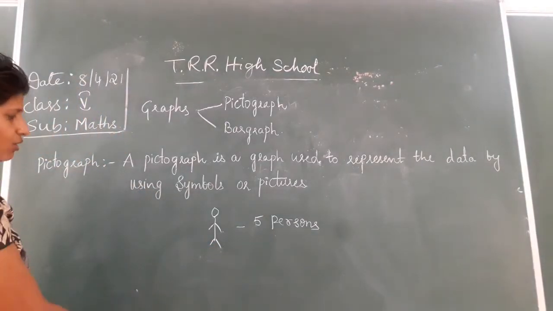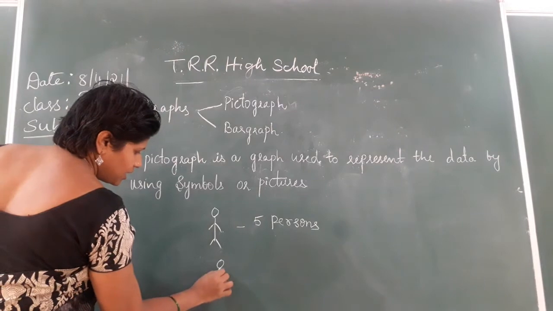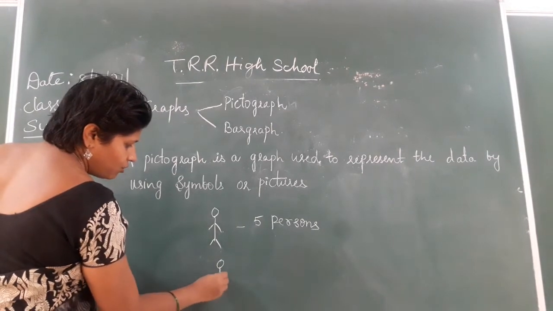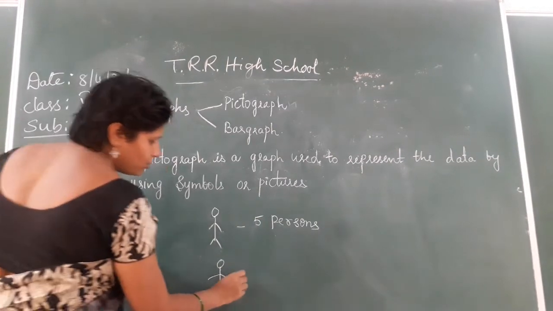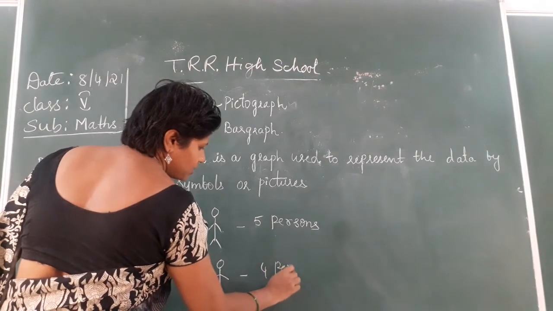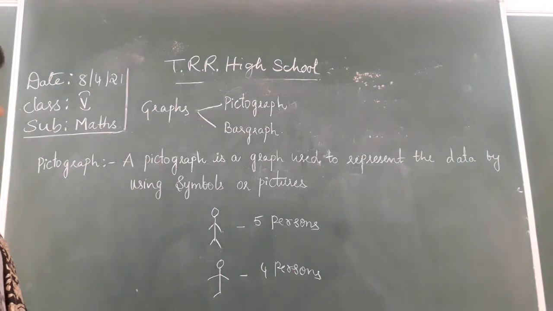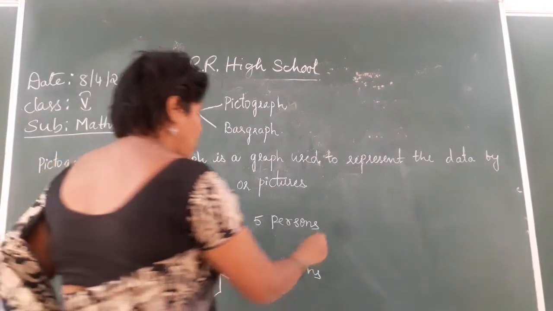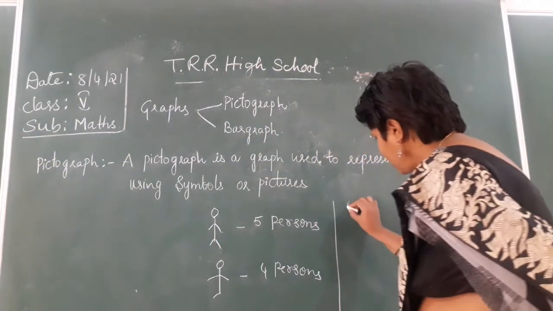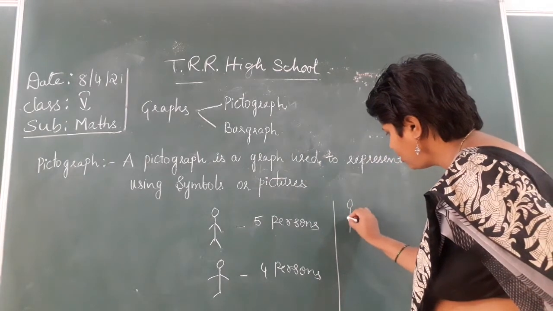Suppose I want to represent only 4 persons, how will I represent? 1, 2, 3, 4. So it indicates only 4 persons. Now I want only 3. Then the head will be there, 1, 2.